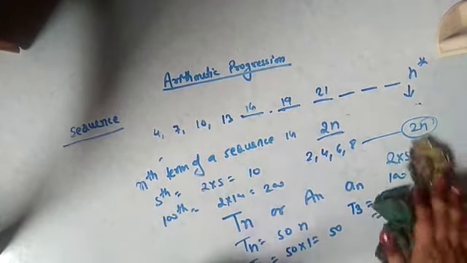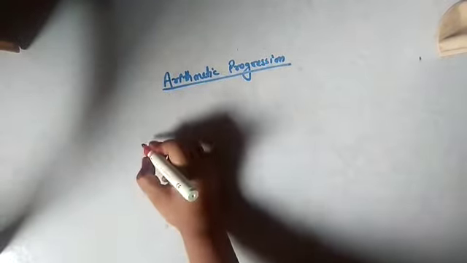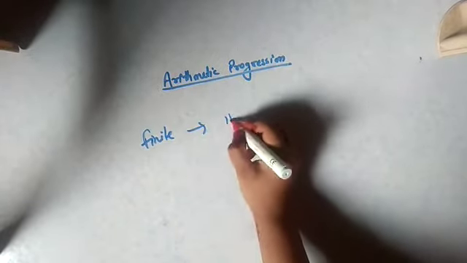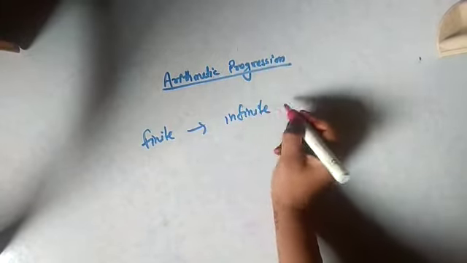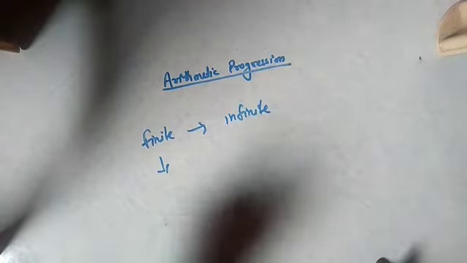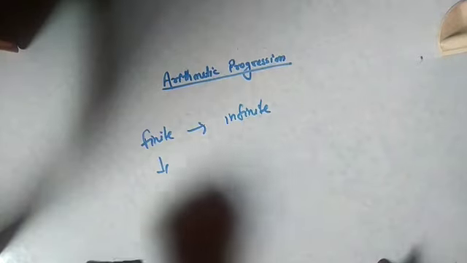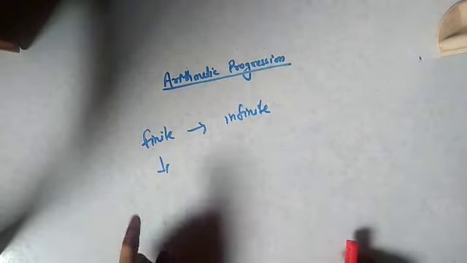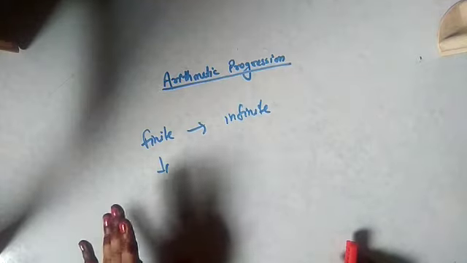Okay, now sequence can be of two types. First finite and second one is infinite. If in a sequence the number of terms are finite, means you know what will be the last number of that sequence, then that sequence is said to be finite sequence.